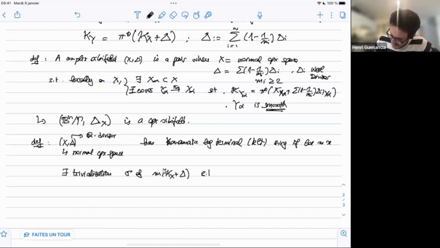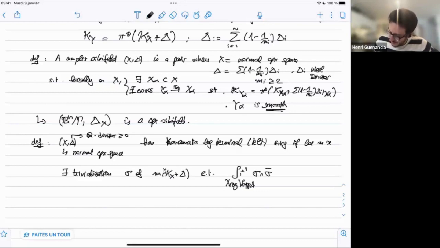such that the integral over X reg minus the support of delta of sigma wedge sigma bar is finite.